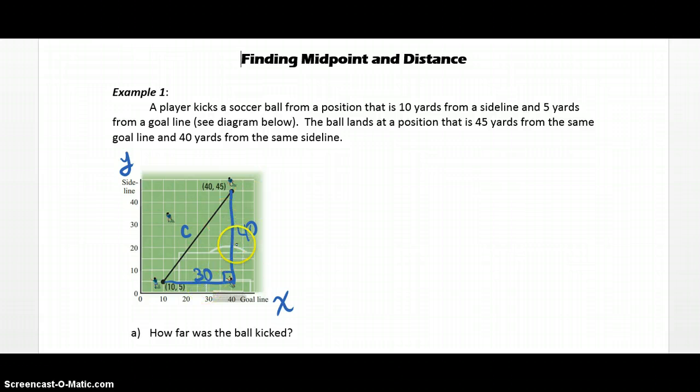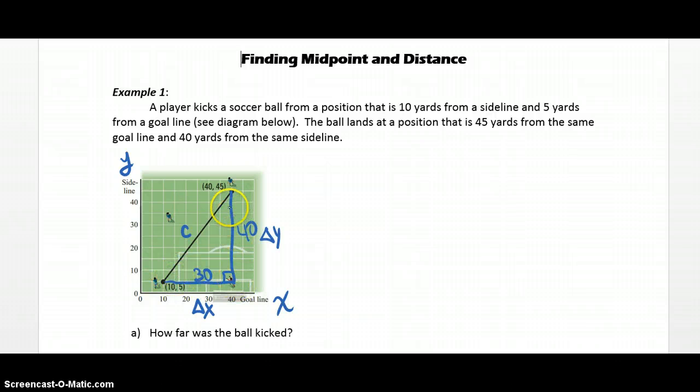So these legs, we're going to call those the change in x and the change in y. And you'll remember we did that when we talked about slope, rise over run. So our rise was 40 and our run was 30. And we'll use that same bit of information to find our distance.